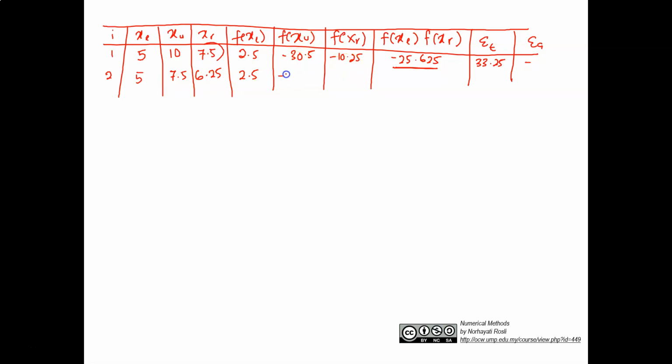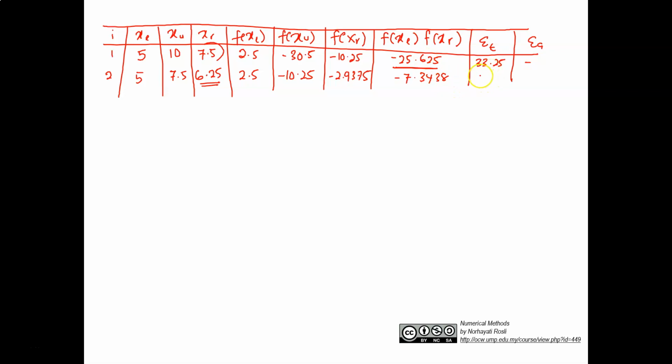And then for this one function of XU will be changed. It becomes negative 10.25. And then you need to compute function of this 6.25, whereas here we got negative 2.9375. And when this function 2.5 multiplied with negative 2.9375, we'll got here the answer negative 7.3438, which is here it is less than 0.